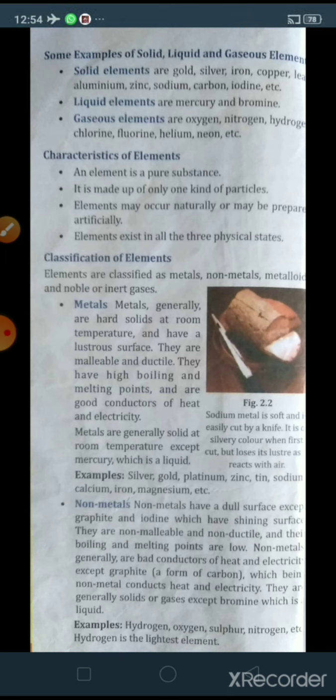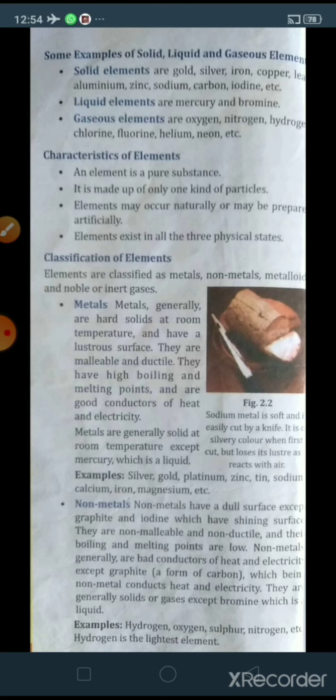Next, characteristics of elements. The characteristics help us to find out which element a substance is made up of, as well as help us to know more about elements, and if someone gives us something, we can find out whether it is an element, compound or mixture if we know the characteristics of elements.